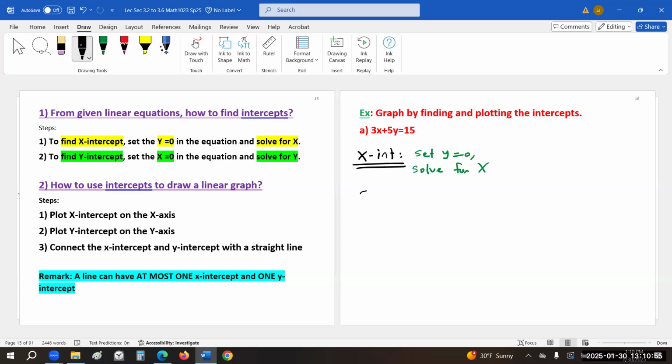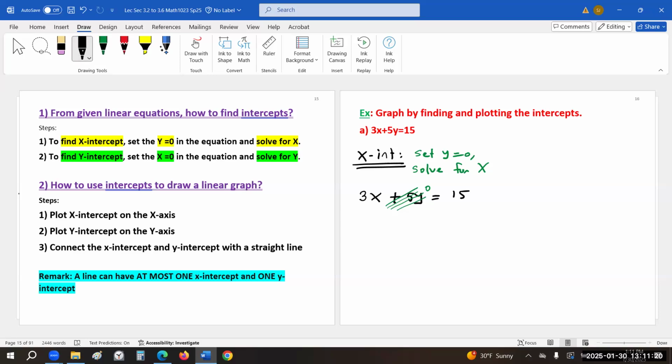What does that mean? We are given 3x plus 5y is 15. When we set y to be 0, the entire y term becomes 0. In other words, we are just erasing the y term.